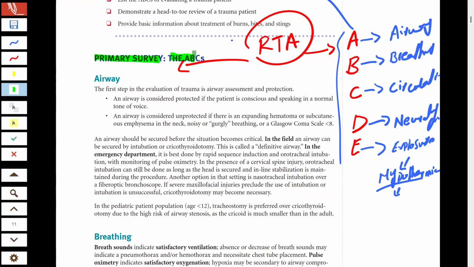In the primary survey, we have airway. The first step in evaluation of trauma is airway assessment and protection. The airway is considered protected if the patient is conscious and speaking in a normal tone. The airway is compromised or unprotected if there is an expanding hematoma or subcutaneous emphysema in the neck, the voice is gurgly, breathing is noisy, and Glasgow Coma Scale is less than 8.